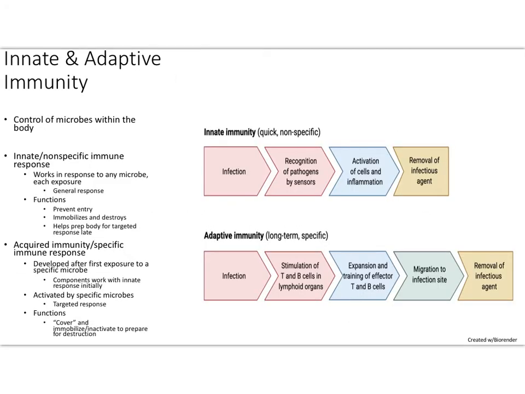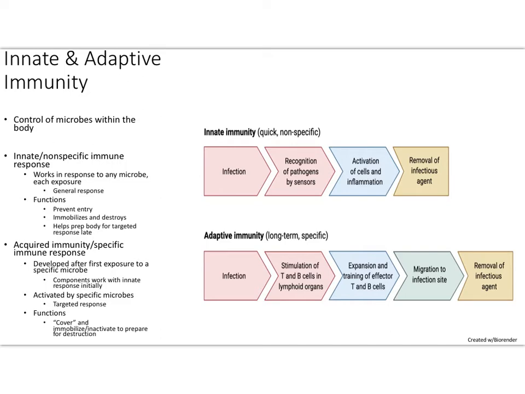You've seen this slide before in our previous lecture, but I wanted to start with it again, just so we are on the same page when we're talking about the different types of immune responses. We have a basic understanding of what innate immunity is and what adaptive immunity is.